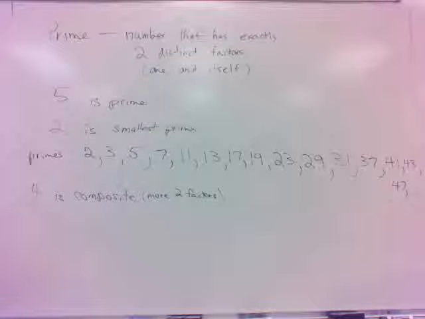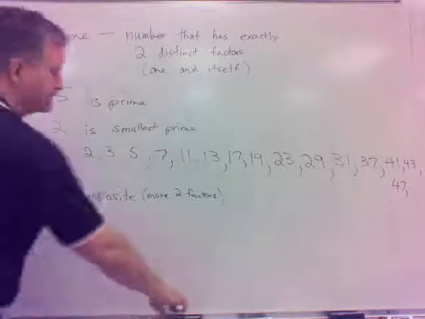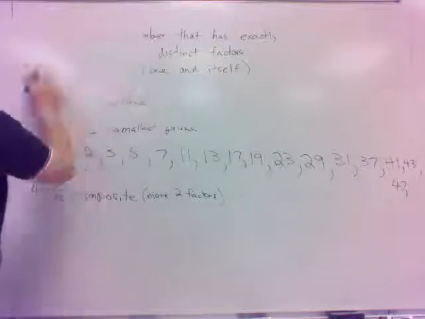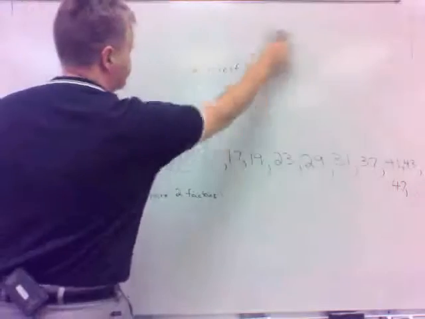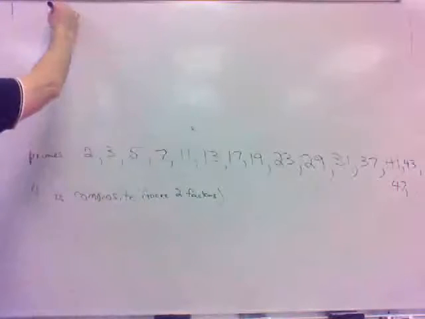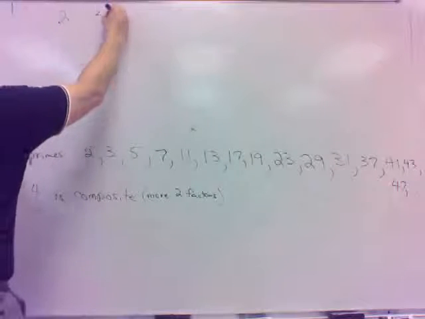Interesting little footnote we might make before we talk about a couple other things. If I make a list of numbers here, let's go 2 through 7 on the top.